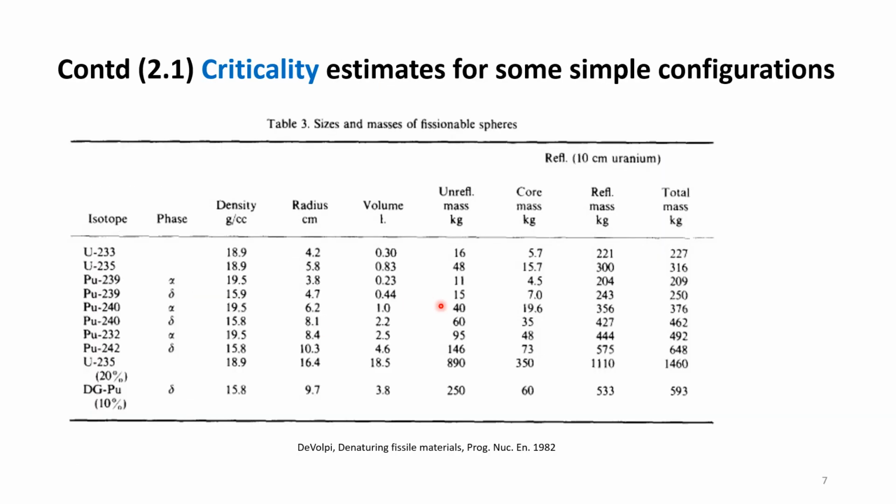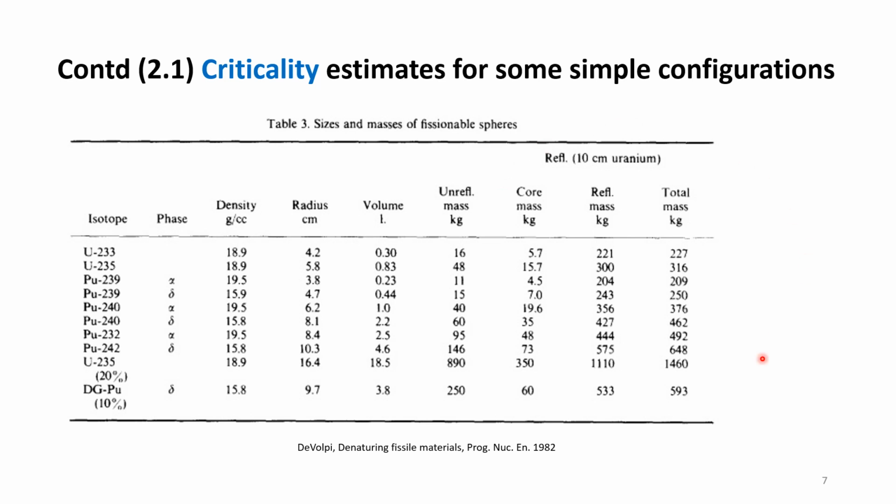Now, here I'm showing you tables from DeVolpi, on denaturing fissile nuclides. And for bare systems, for example, U-233, 235, and for plutonium 239, you can see the radius, the volume for an unreflected system, 48 kg, 5.8 centimeter, 18.9 grams per cubic centimeter.